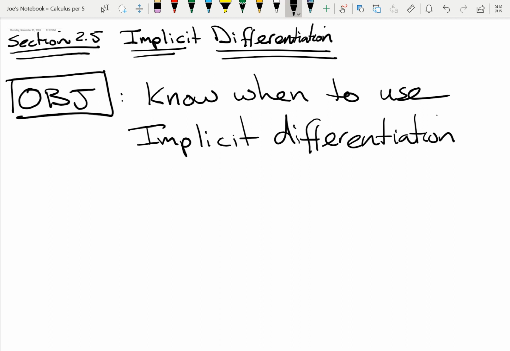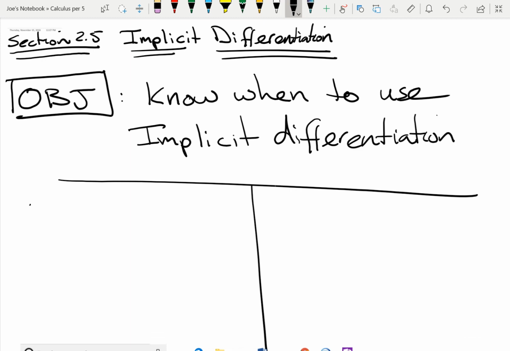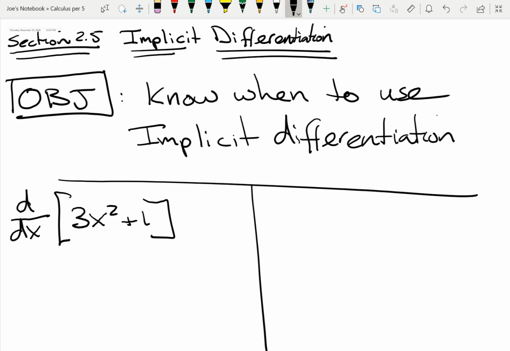So you would not need it in a situation like this if I was asked to take the derivative with respect to x of a function such as that. And the reason being, look at the variable you're defining and the derivative you're taking with respect to.